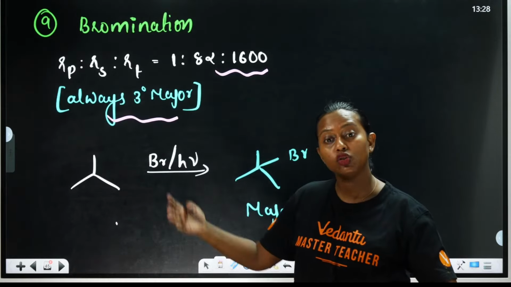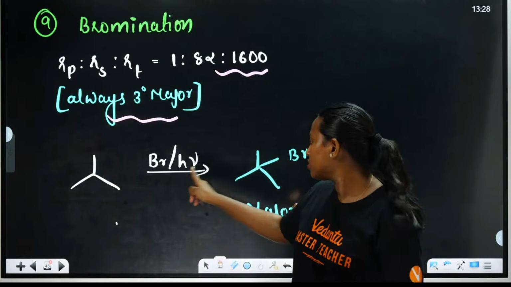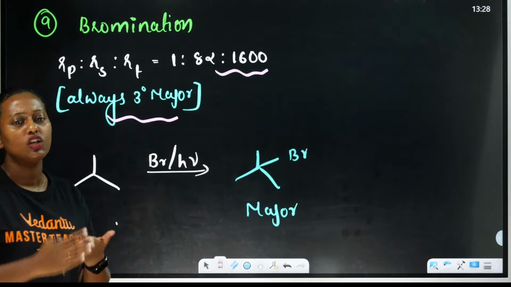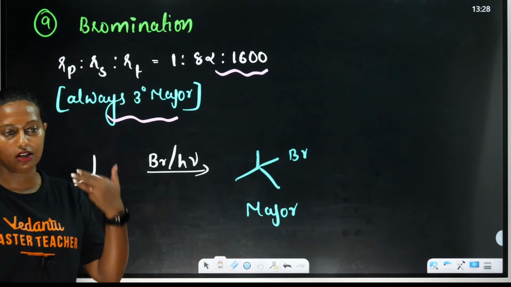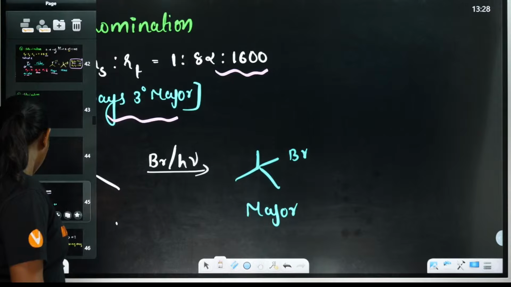So tertiary always major ah irukum bromination la, but chlorination la solla mudiyadhu primary ah, tertiary ah, secondary ah, it depends on the number of hydrogen atoms.